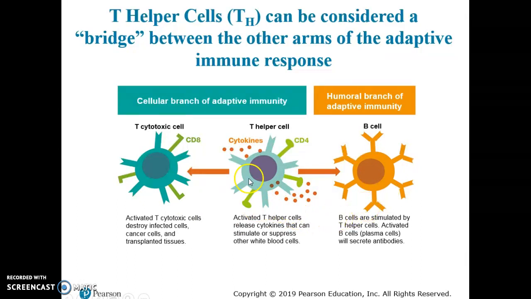But unfortunately, without the help from the T helper cells, this part of the immune response can't do anything. And that's what happens with HIV patients: their CD4 levels come down so low that they don't have the ability to mount an immune response and produce cytokines to help these cells, and they come down with different types of infections.